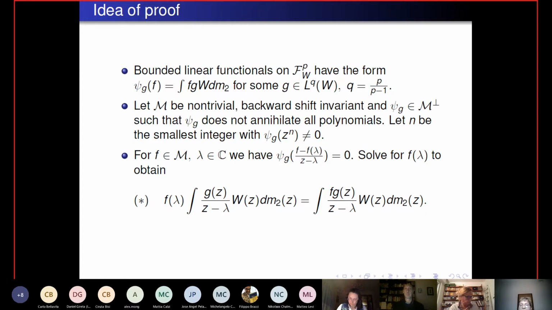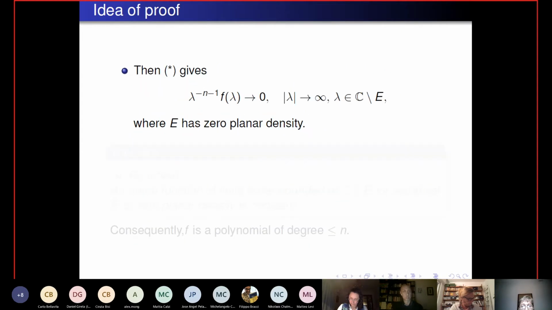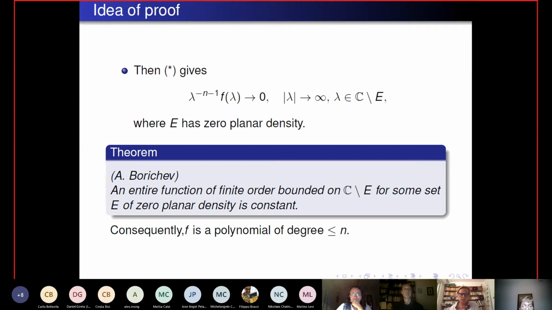So if we wouldn't have this exceptional set, it would be done, but we do. So the problem is, what do we do with the exceptional set? That is the content of a very beautiful theorem, a version of Liouville's theorem, but now you need to know that it has finite order.